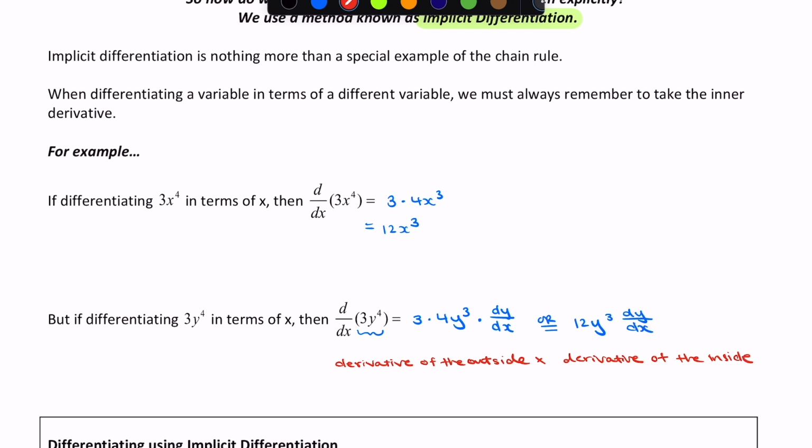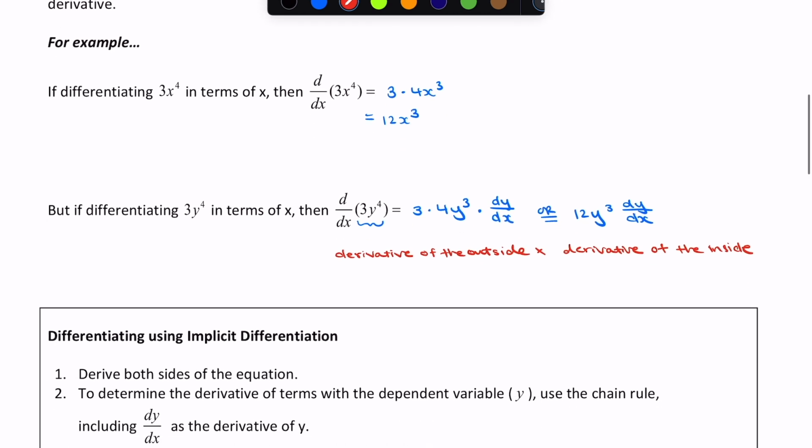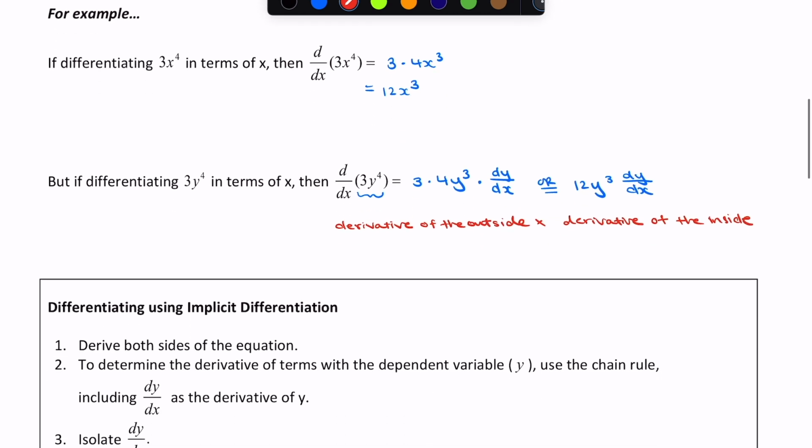If we're differentiating using implicit differentiation, there are a couple of rules to consider and a couple of steps we take. The derivative of the left side is equal to the derivative of the right side.